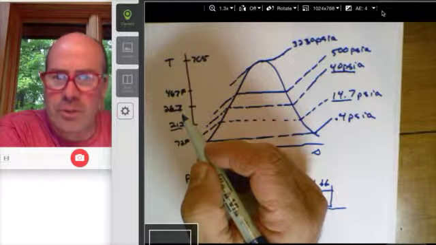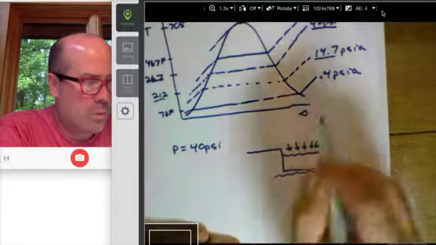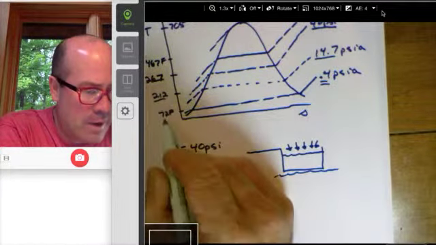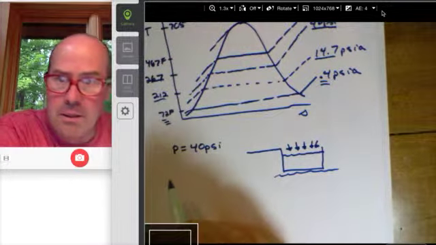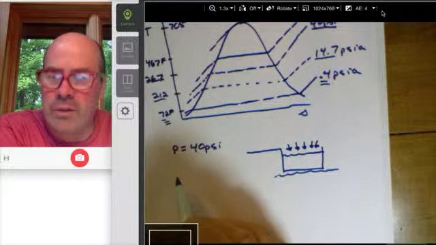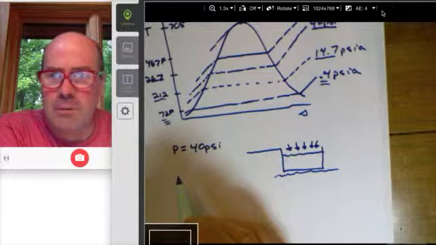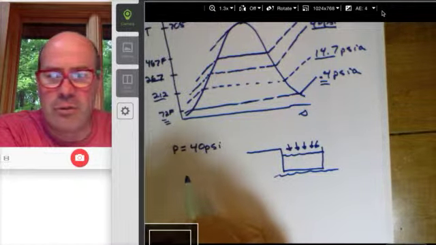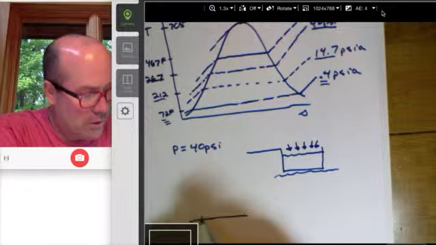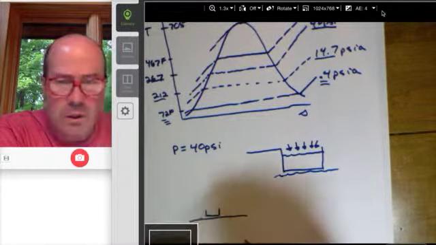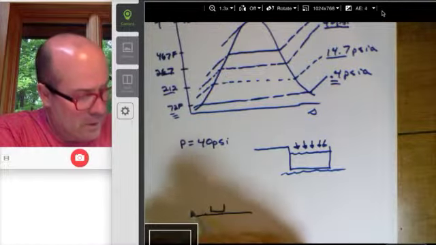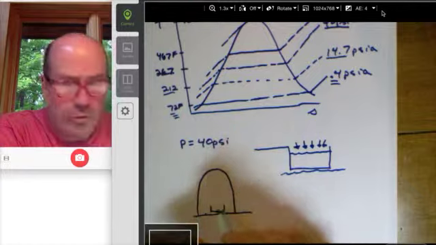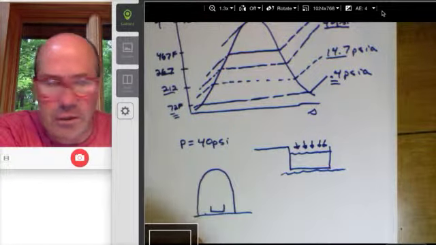But what if there was less pressure holding the bonds together? Way less. Well, then the molecules would have to move way less before they could start breaking apart. I remember somewhere in 10th or 11th grade chemistry, my teacher took a little jar of water and put a vacuum bell over it, and it was room temperature, so 70 degrees.